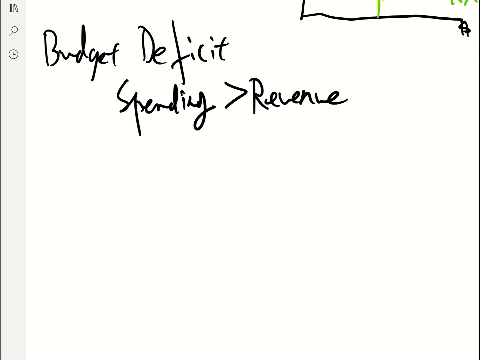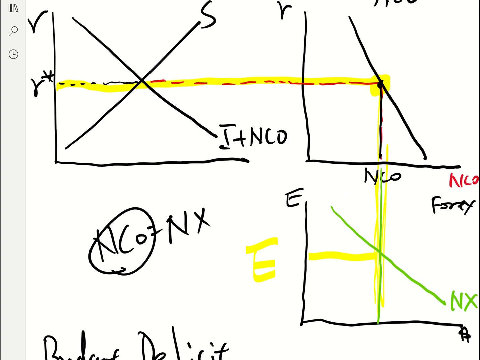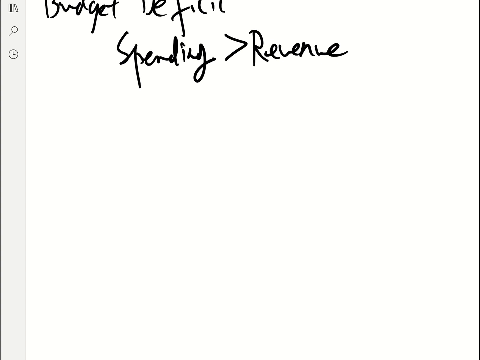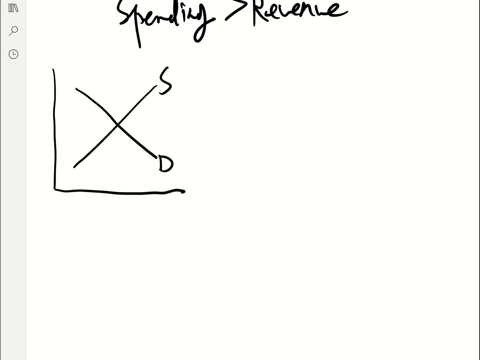So this is the budget deficit. When you have a budget deficit, this will impact our 3 panels over here. Let me show you how this will change. I'm going to draw all this. This is a lot of work. So the loanable fund market, we have our demand for loanable funds, supply for loanable funds, and then we have our interest rate.